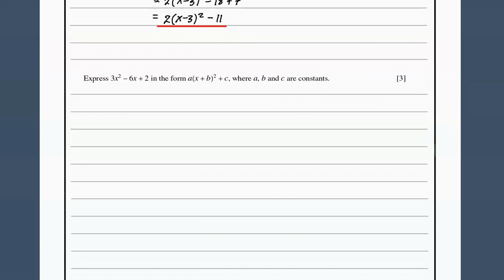Another example says express 3x squared minus 6x plus 2 in the form a of x plus b squared plus c, where a, b, and c are constants. So for 3x squared minus 6x plus 2, this is the same as, and I'll factor out 3 for the first two terms, so 3, and we have x squared minus 2x inside here, and the plus 2, which is outside.